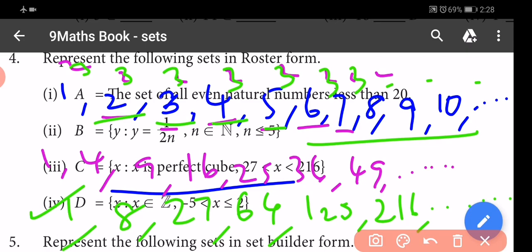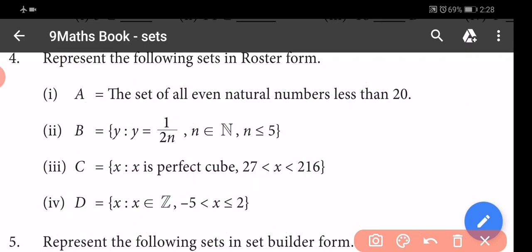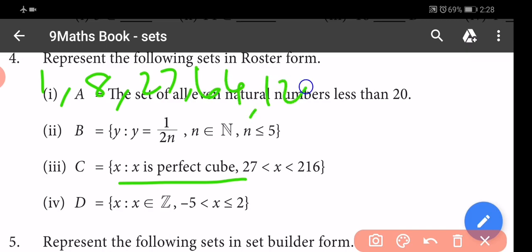So what is the question? For all x such that x is a perfect cube. So x is a perfect cube means we write 1, 8, 27, 64, 125, 216, etc.